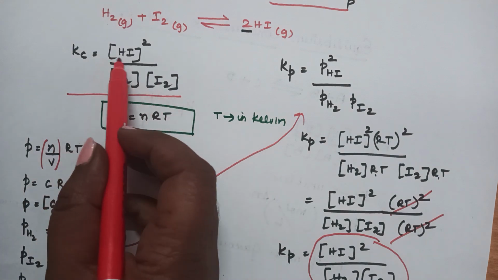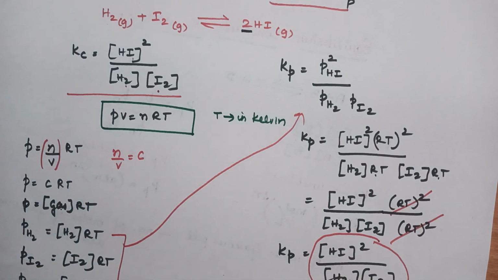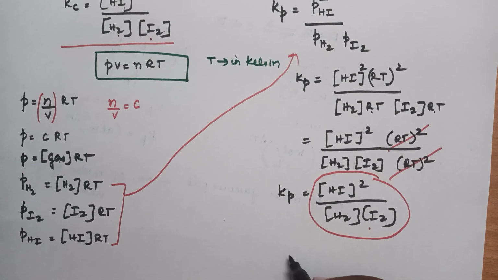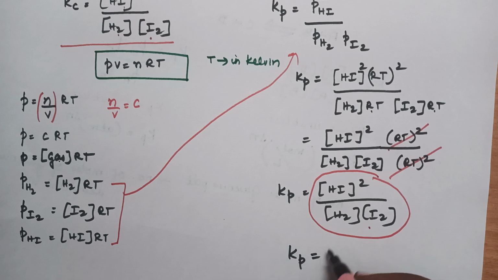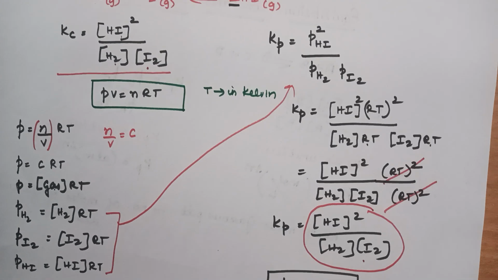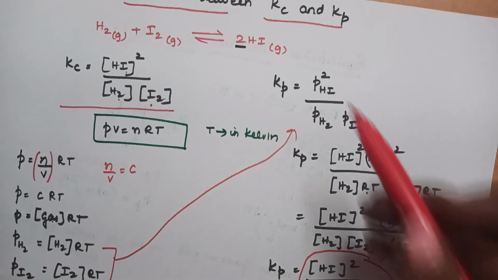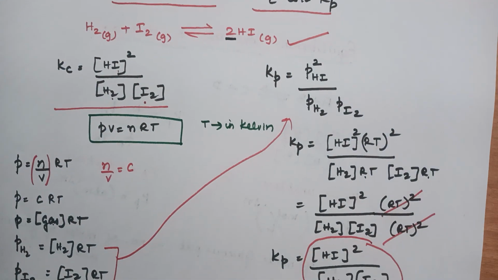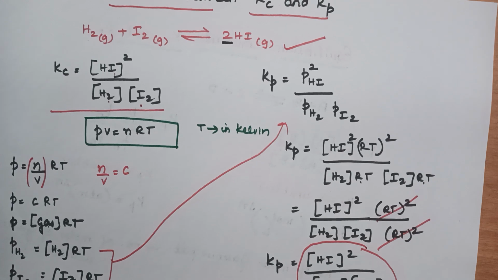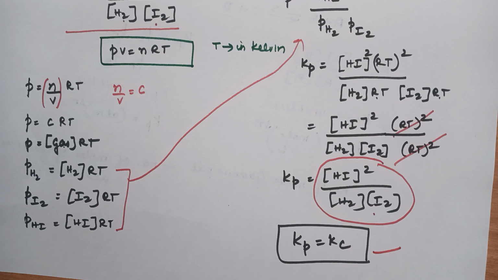You can see this: HI square divided by H2 I2 is nothing but Kc. So the relationship between Kp and Kc is that Kp is equal to Kc for this reaction. It is not the same for all reactions. For this reaction, Kp is equal to Kc. So we will take one more reaction.